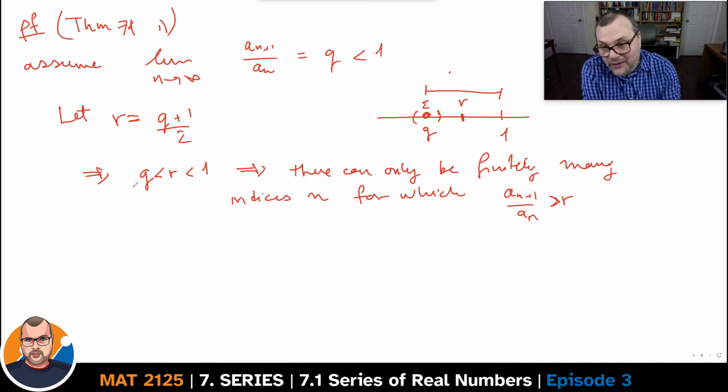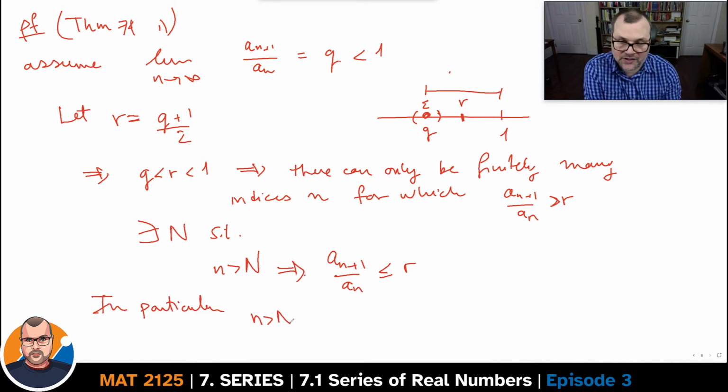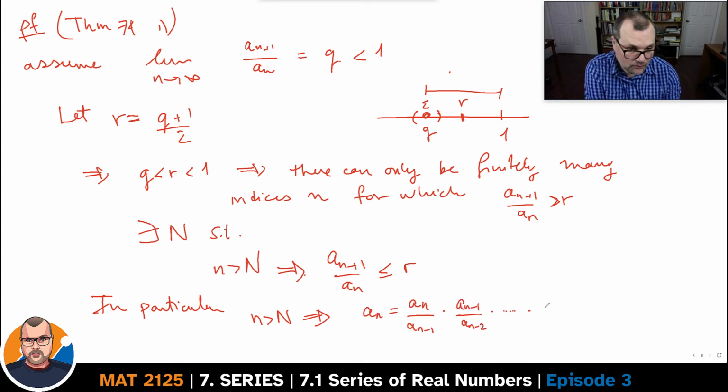So you can find an index capital N such that whenever n is greater than capital N, a_{n+1} divided by a_n would be smaller than or equal to r. But in particular, if n is greater than this threshold capital N, then you can rewrite the nth term of the sequence a_n as a_n over a_{n-1} times a_{n-1} over a_{n-2}, all the way up to a_{N+1} divided by a_N times a_N.